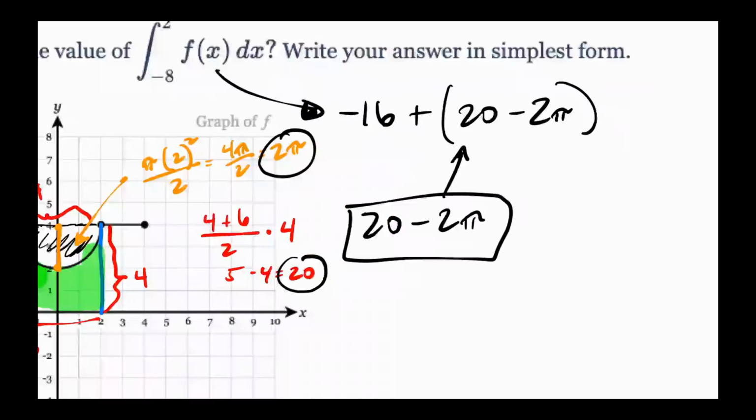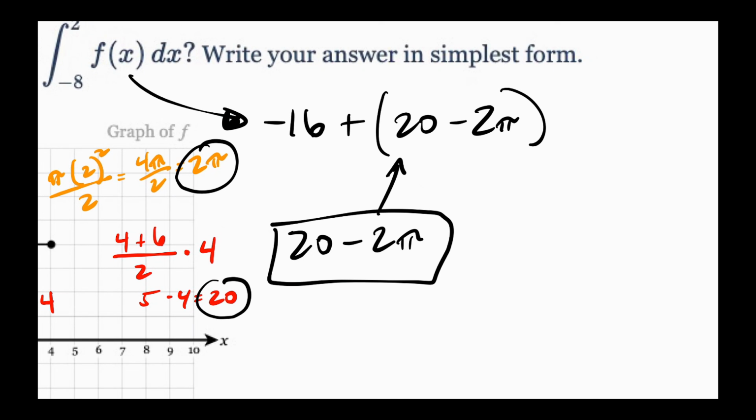Okay? So this guy here, though, I got some work to do. Right? I can combine these two guys. Negative 16 plus 20 is 4 minus 2 pi. That is simplest form. They're not like terms, so I just leave them like that. Again, don't change this unless you have to.